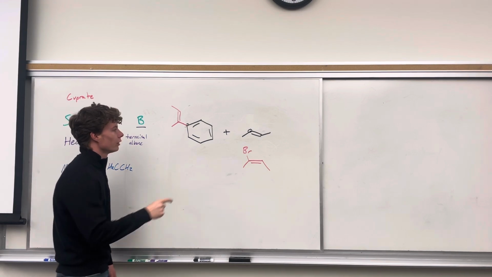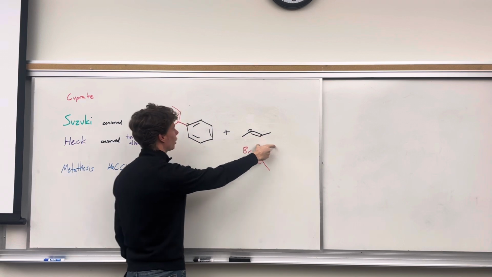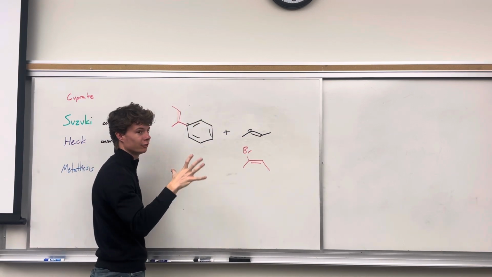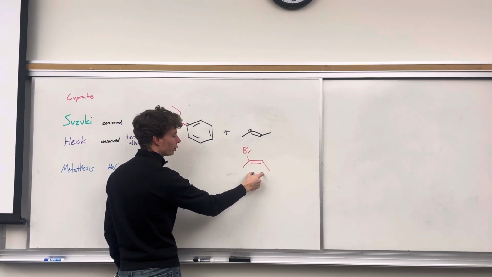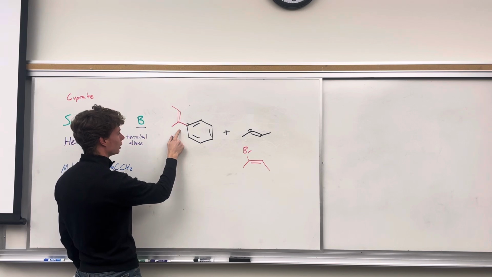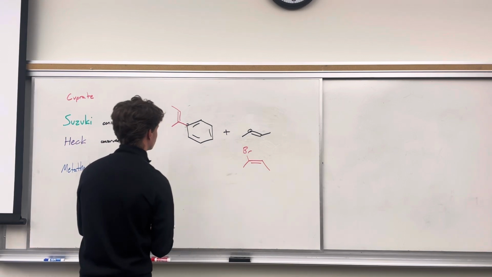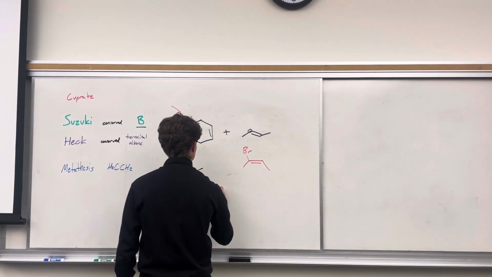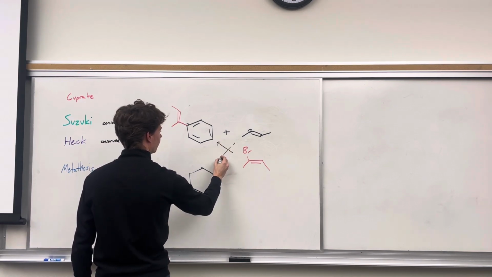What's a little bit weird is that if I conserve the E conformation and I put it over here, we actually get the Z product. And when I use the Z reactant and I put it over here, notice now our large groups are on the other side. So I'm kind of switching these up.